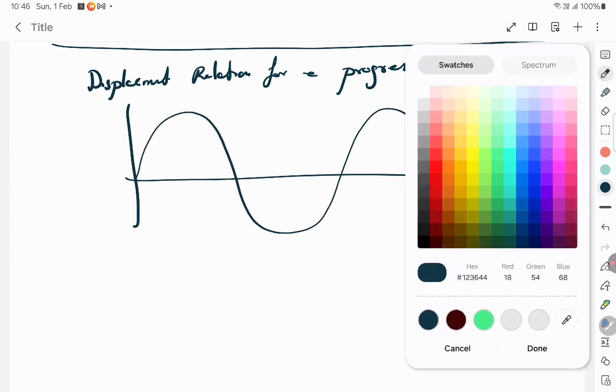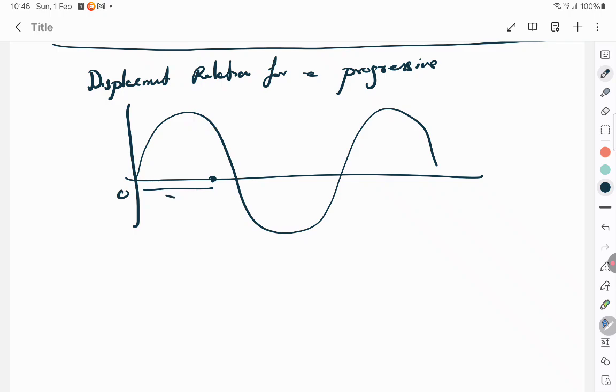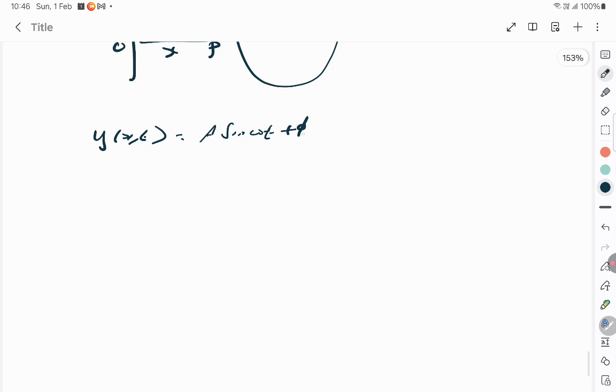Let's take this point as the origin, and let's take this distance as x for the position, point P. We have to write an expression for the displacement, which is y of x comma t. From the oscillation lesson, we know that we will write it as A sin omega t plus phi naught, or it can be expressed as A sin omega t minus phi naught also.